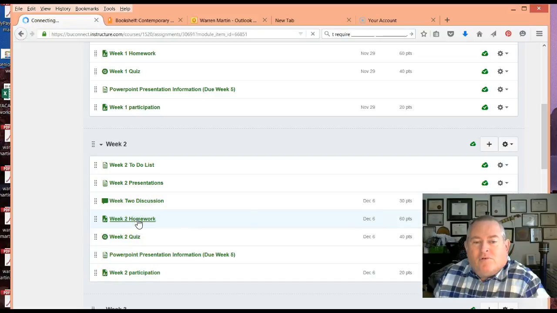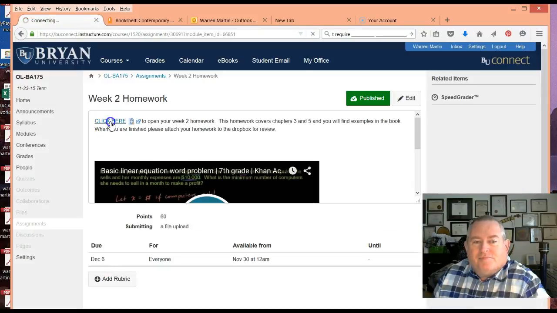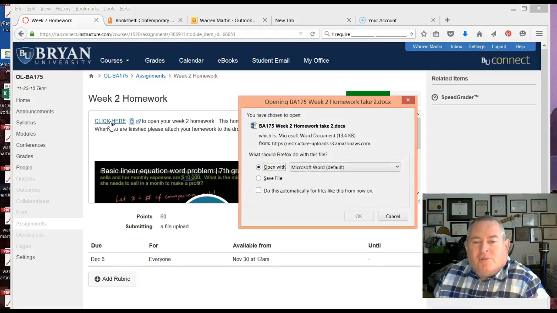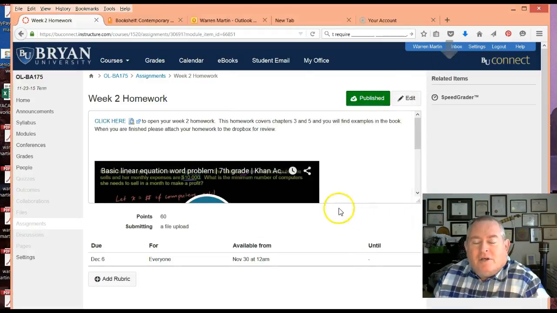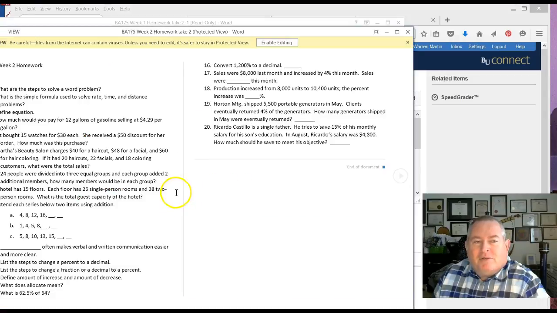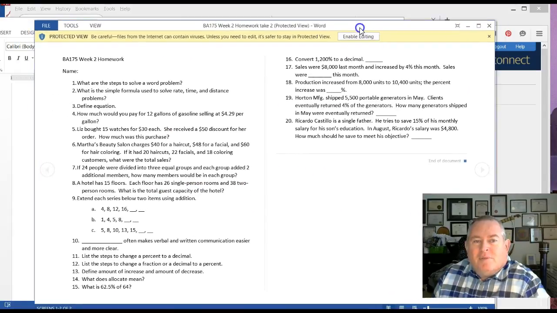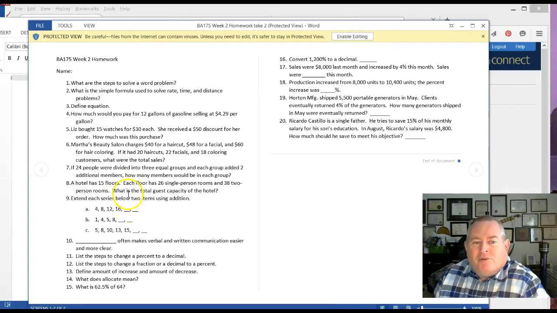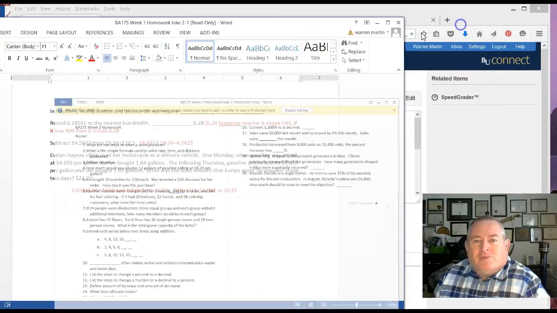On the upcoming homework, it's going to be similar every week. I think in weeks 4 and 5 there might be some Excel sheets, but for right now it's very similar to the one you just did, so no problems there.